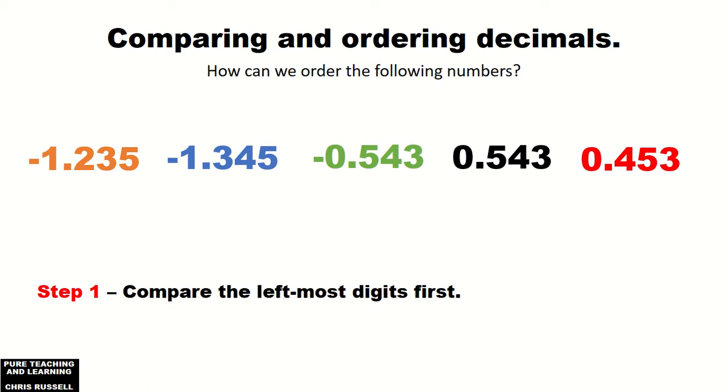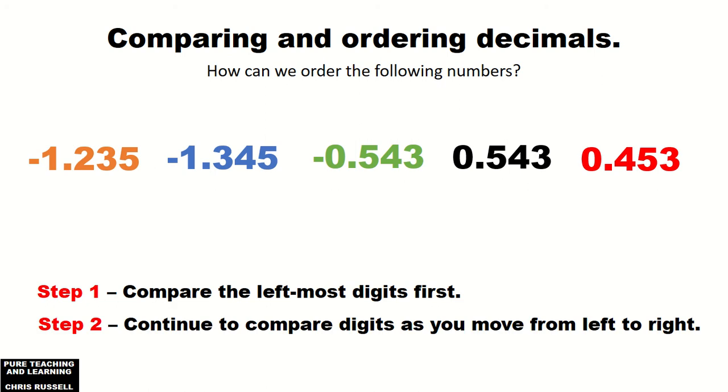If you have a look at the two values on the left hand side, we have negative 1.235 and negative 1.345. The negative value that has the highest numeral is the one that will end up going first.